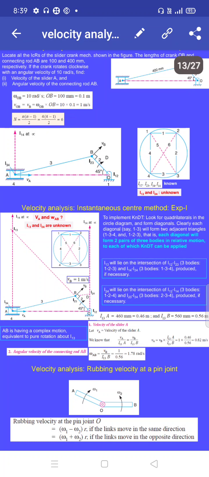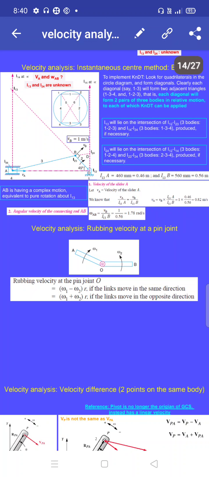So VA is equal to VB into I13A divided by I13B, that is 1 into 0.46 divided by 0.56, which is 0.82 meter per second. Omega AB is equal to VB divided by I13B, that is 1 by 0.56, which is 1.78 radian per second.